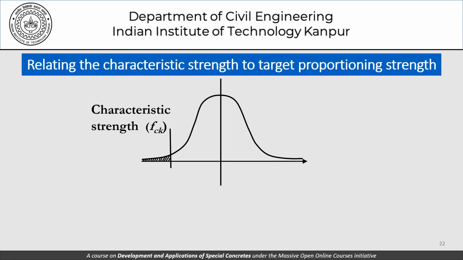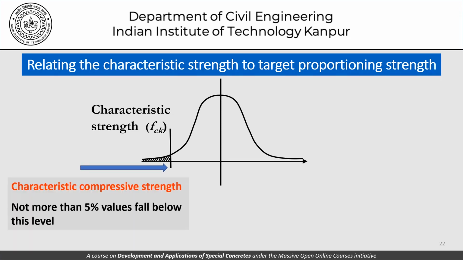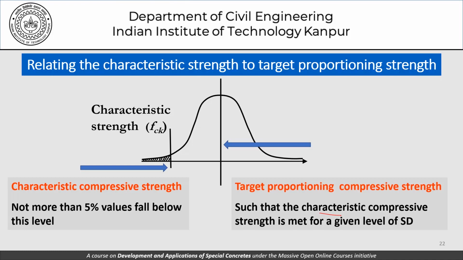Now, relating the characteristic strength to the target proportioning strength, let's try to examine this concept. If this is my characteristic strength FCK, which is the value such that not more than 5% values fall below this level, we need to target our concrete to have this strength here, which is the mean value.